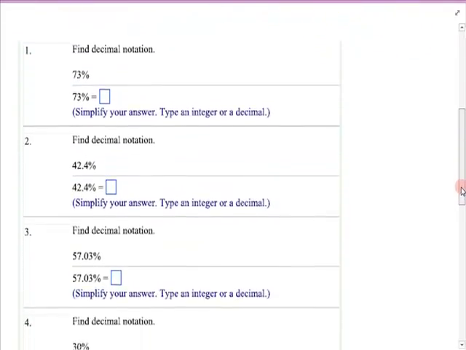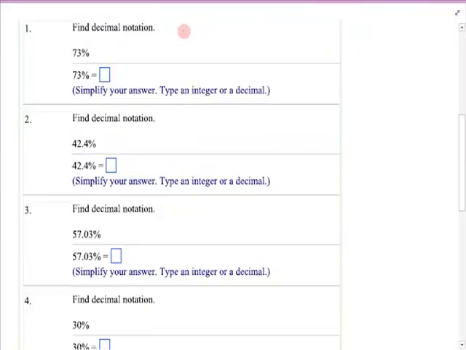So let's take a look at these. We have 73%. Pick up its decimal point, move it 2 places to the left and drop it. That will give you 0.73 and you take the percent sign away. 73% means 73 and the 3 is in the hundredths place. All right, the next one, 42.4%.